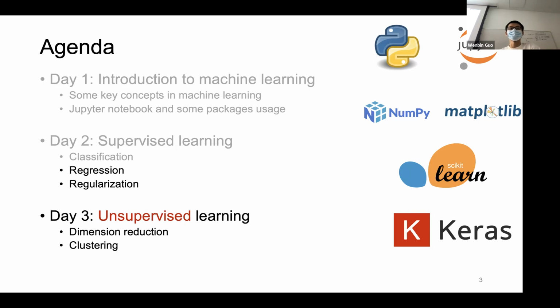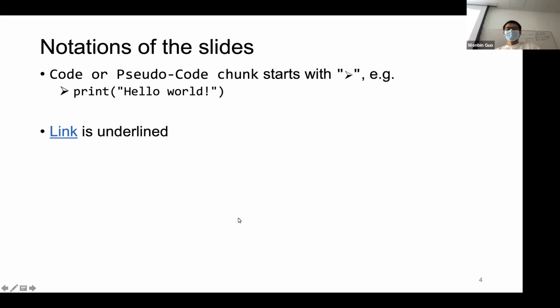That part is to give you the tool set, and the slides are to give you the mindset, so you understand how it works, so that probably in your later research, you can choose one algorithm, train your model and make the prediction or other applications. Still at the rotation of the slides, everything with the arrow will be a code or pseudocode, and the link is underlined.